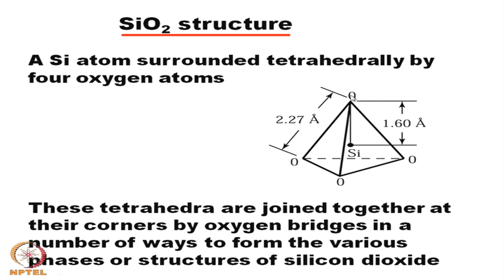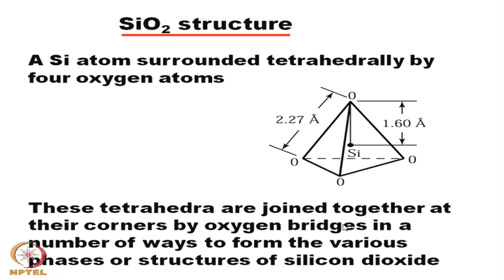Now, when silicon atoms are surrounded tetrahedrally by 4 oxygen atoms, these tetrahedra are joined together at their corners by oxygen bridges in a number of ways to form the various phases or structures of silicon dioxide. It depends on how they are joined by the oxygen bridges.